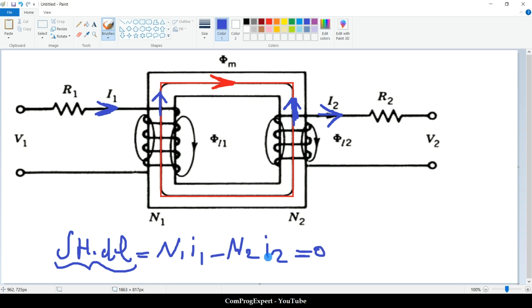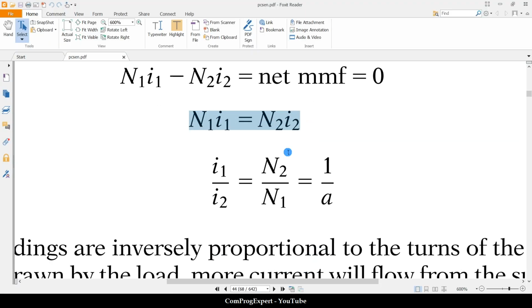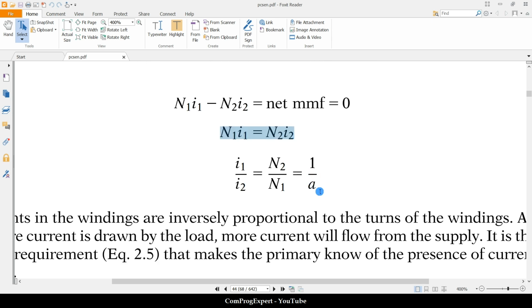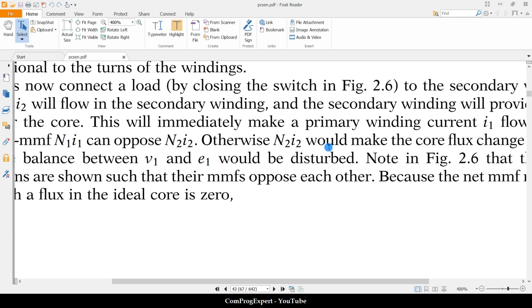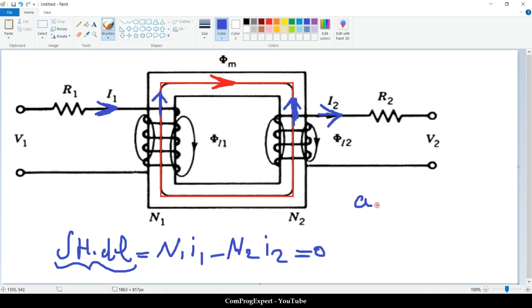So when this is 0, finally we have this equation, I1 divided by I2 is equal to N2 divided by N1. This is equal to 1 divided by A. Yes, V1 divided by V2 is A, and I1 divided by I2 is 1 divided by A. A is defined here in this reference equal to N1 divided by N2, turns ratio.